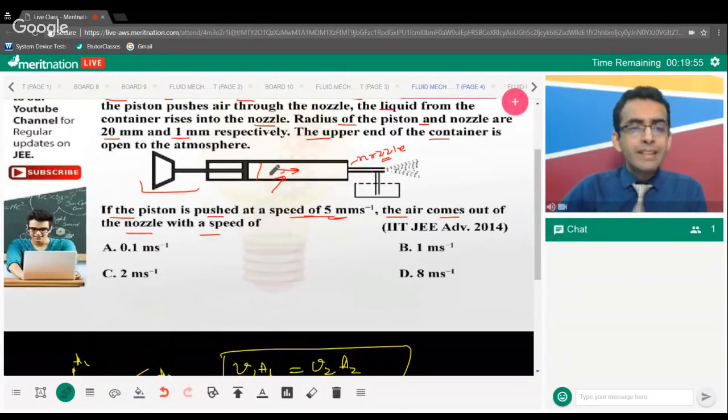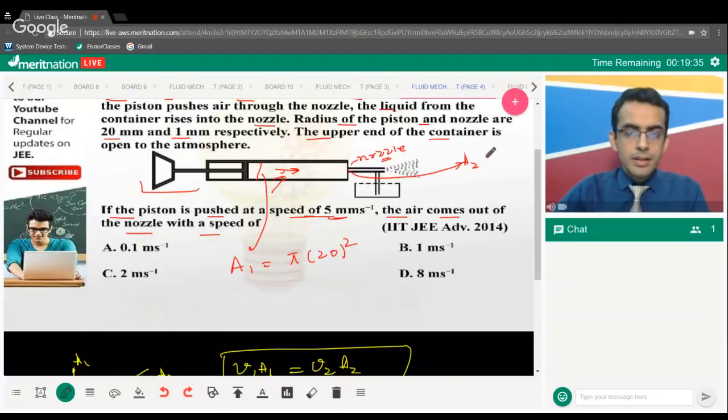Given that 20 millimeter is the diameter here, area A1 is equal to pi into 20 square, and A2 is equal to pi into 1 square.